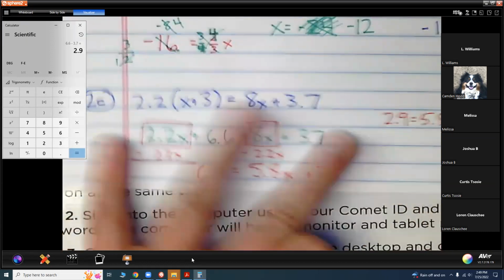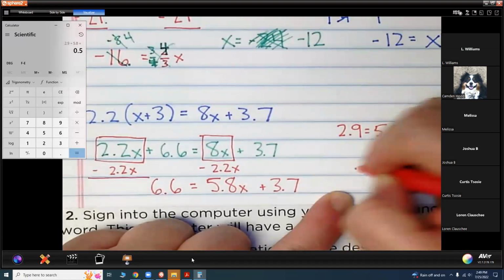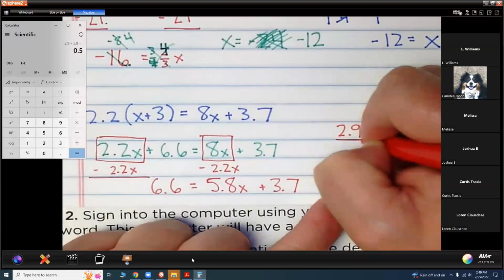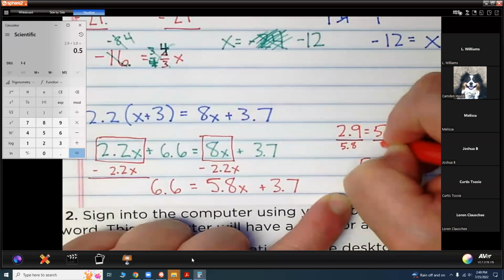Then let's just divide both sides by that. So x equals 0.5, because I divide both sides by 5.8.